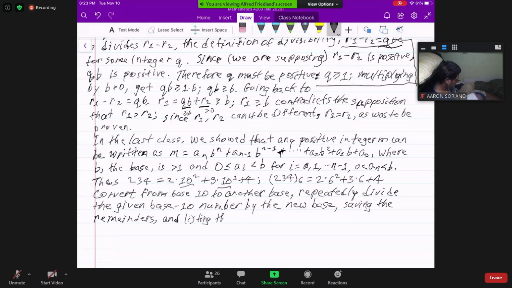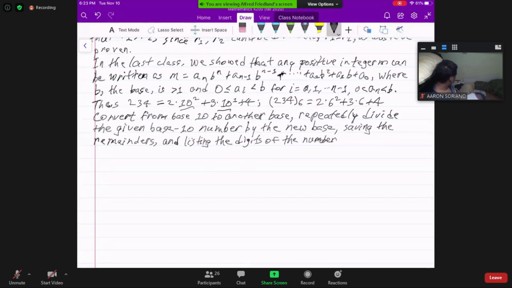and listing the digits of the number in the new base in the reverse order, the opposite order.